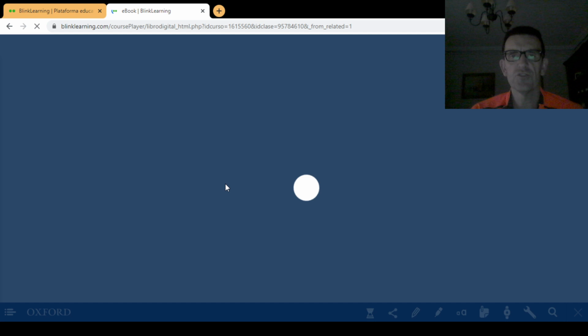The first activity on page 47 is a listening. In this listening, you have 4 pictures, 4 rectangles with some pictures inside. On picture A, you can see get up at 7, have breakfast at 9, or have dinner at 9, and go to bed at 11.